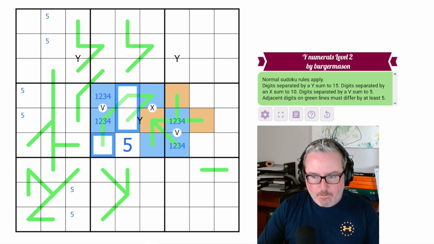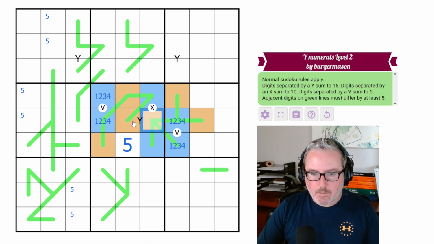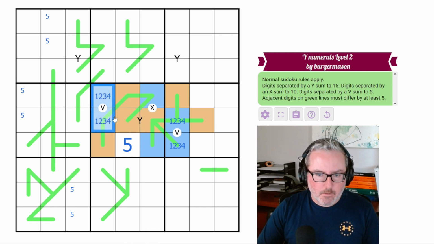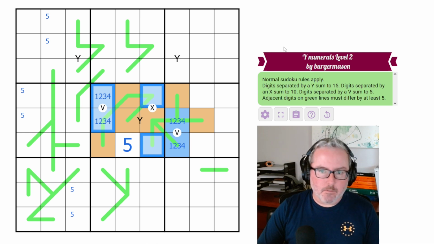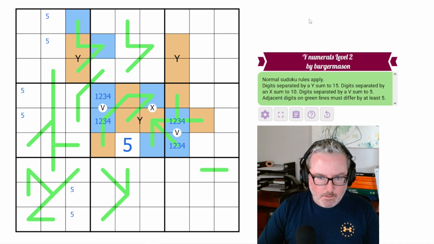And we know that these are all high for multiple reasons. One is the German whisper. The other is our Y clue. We know the Y has to have two highs. And we also know that we already had all four of our lows. So let's put all our high digits in our Y's. And that's going to give us some more low digits.